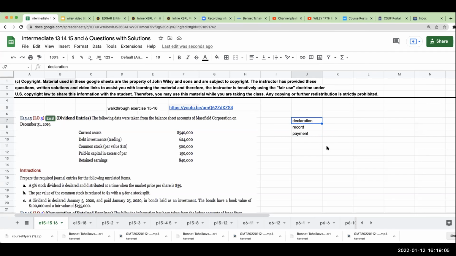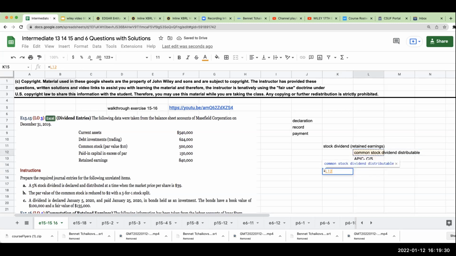When I have a small stock dividend, I'm going to debit stock dividend or retained earnings. I'm going to credit common stock dividend distributable, and credit additional paid in capital common stock.